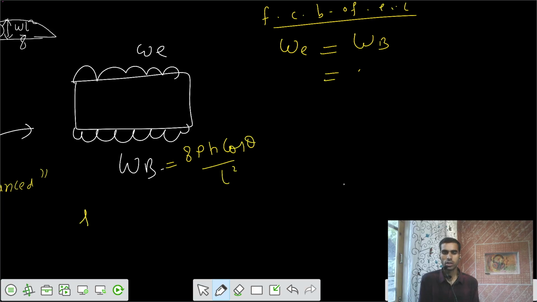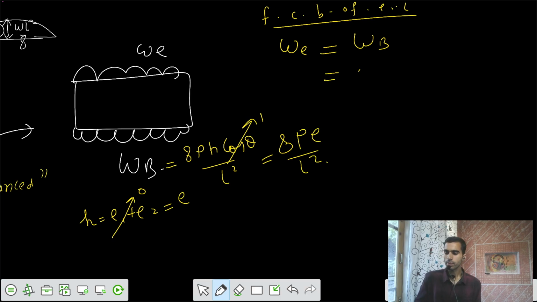If I say that h is equal to e1 plus e2 equals e, because if I keep e1 equal to 0, then h equals e, and cos theta is also equal to 1, I would get the equation as 8Pe by L square. So the external load is balanced by 8Pe by L square.